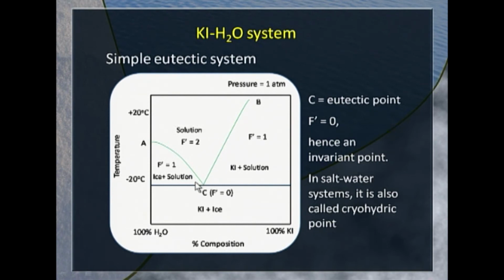The system becomes invariant, that is F prime becomes equal to 0. The point C is also called the cryohydric point because we are talking about the salt that is present in equilibrium with ice.